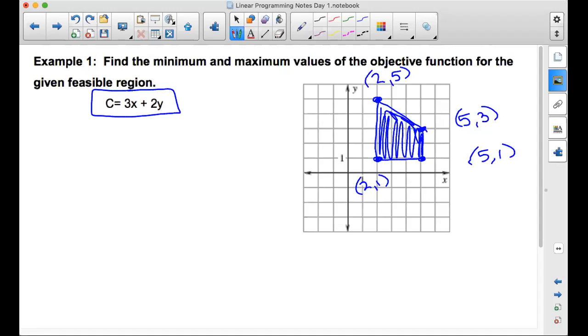So this equation here, not an inequality, I wouldn't graph it, but I'm going to use this equation to help find the maximum and minimum values. And the equation is called the objective function. That's our goal. So an objective is a goal to meet. So this is called the objective function.